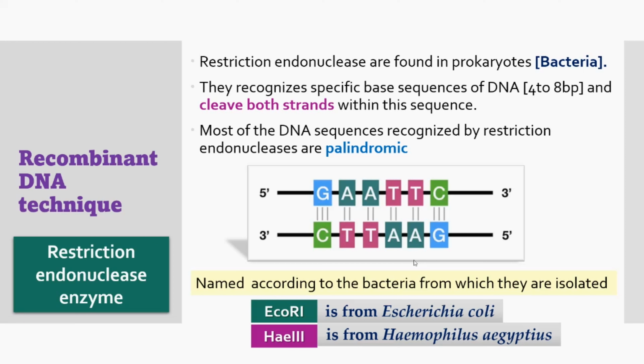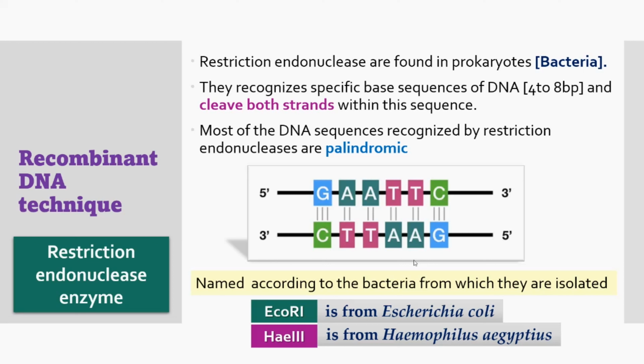In your mind, you may have a doubt: if these prokaryotes or bacteria possess these enzymes, if they have the ability to cut double-stranded DNA, then why don't they cleave bacterial DNA itself? Here, bacterial DNA is protected from restriction enzymes by methylation.